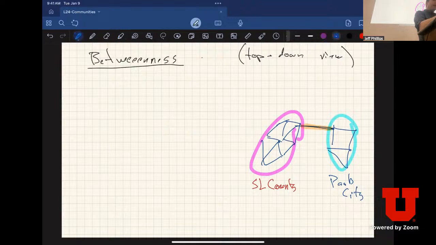This would be like the part of I-80 going up, so Parley's Canyon, right? So there are these two connected regions.